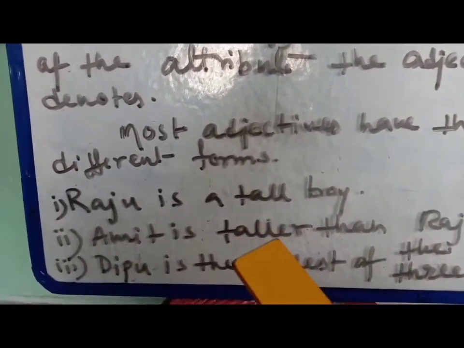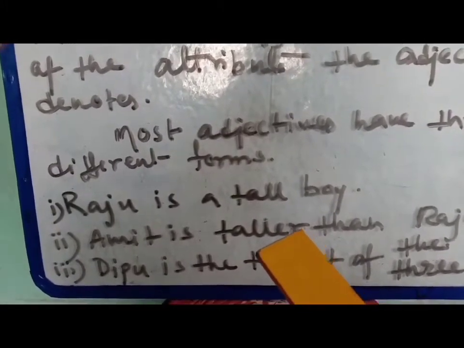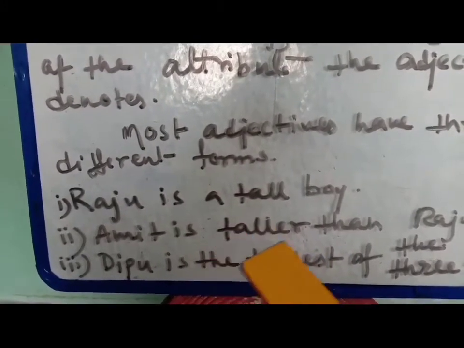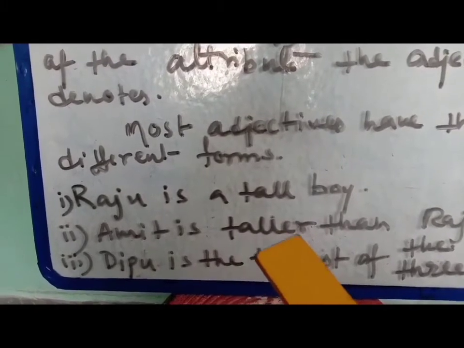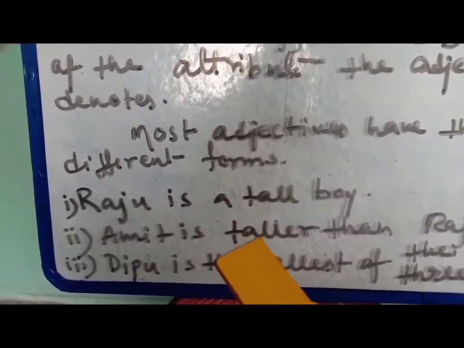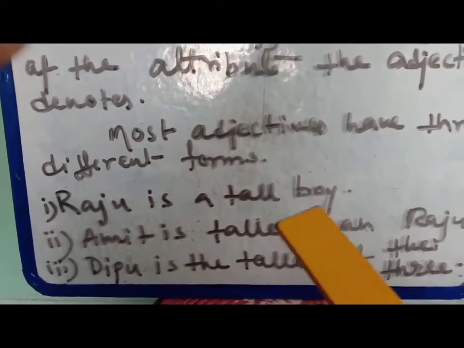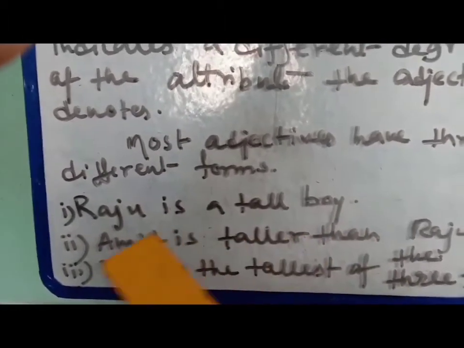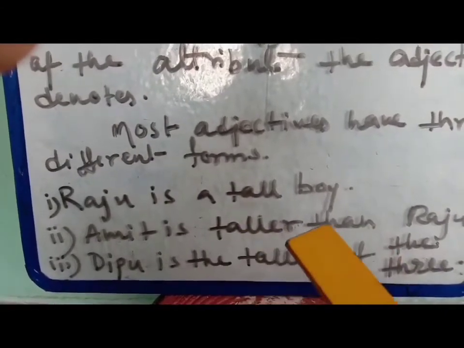Taller, tall plus er, is the comparative form of the adjective. Also this word than means there is a comparison between two nouns. So it is the comparative degree.